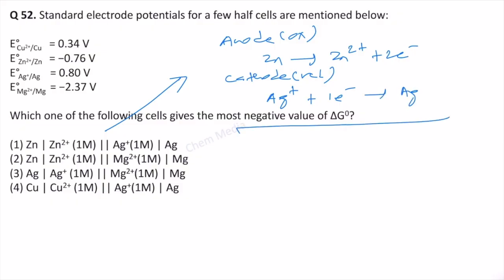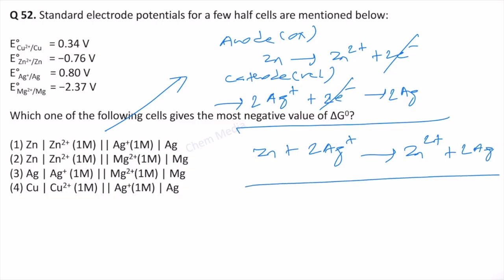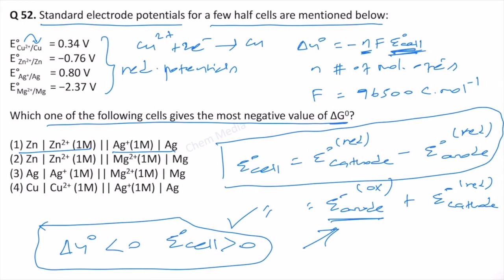But to balance the reaction, we have to multiply this entire equation by 2, isn't it? Otherwise, we can't balance the equation. So everywhere the number of moles of electrons is going to be 2. So that is also constant. So the net reaction in this case is zinc plus 2Ag plus giving zinc 2 plus and 2Ag. That's the net reaction. So n is constant everywhere, F is constant.